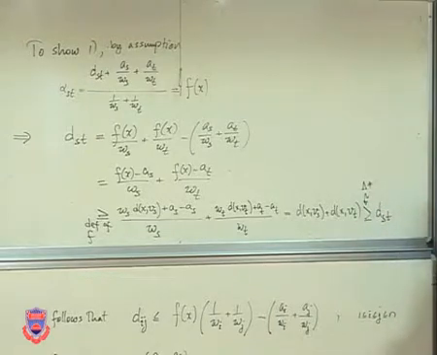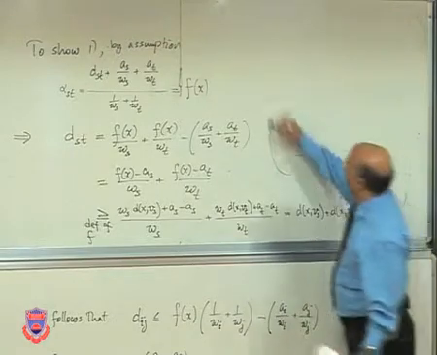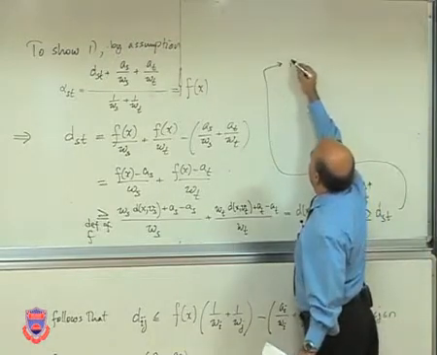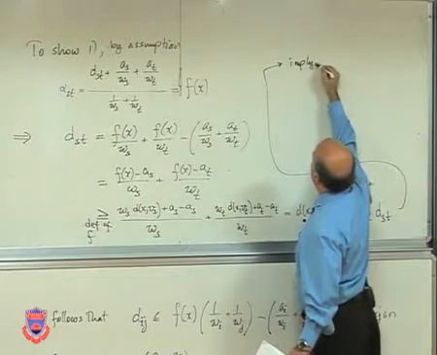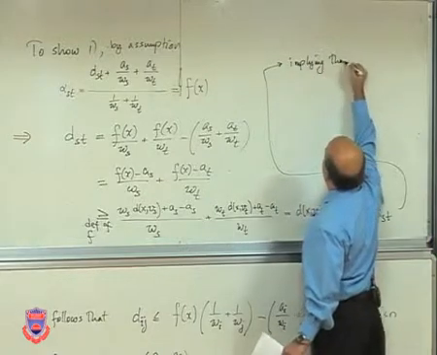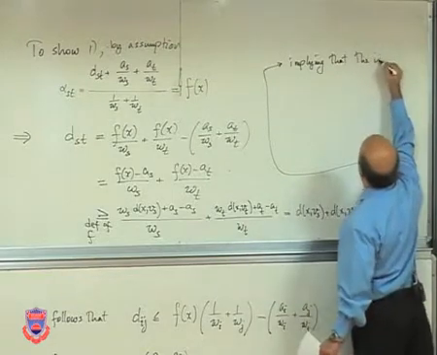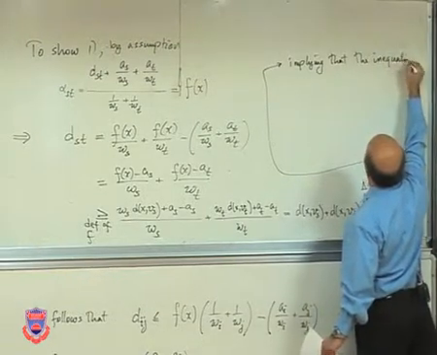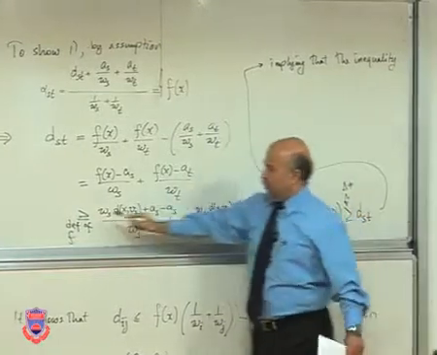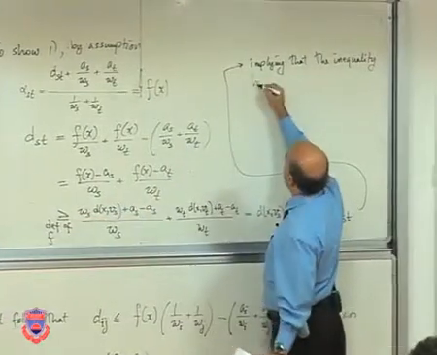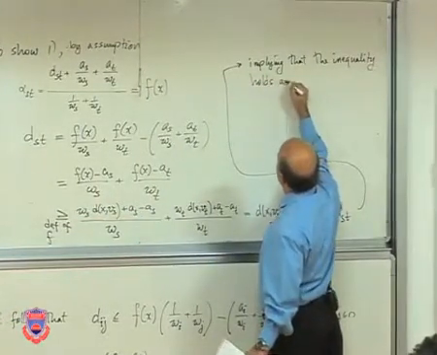And of course, because the lower and upper bound are the same, everything is sandwiched, everything holds as equality. So, implying that the inequality over here holds as an equality.